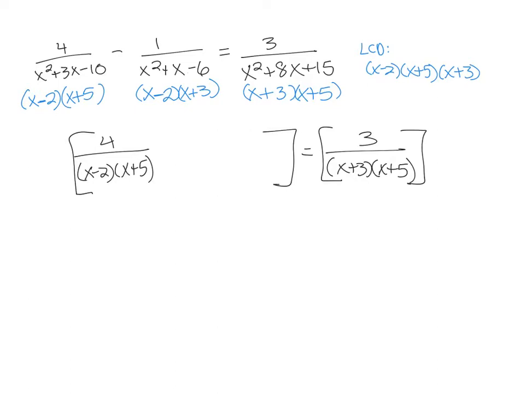And I have 1 over x minus 2, x plus 3, and that was subtraction. And I'm going to take my blue LCD, x minus 2, x plus 5, x plus 3, these are multiplied, I just ran out of room here, and I'm going to multiply both sides of the equal sign by that.